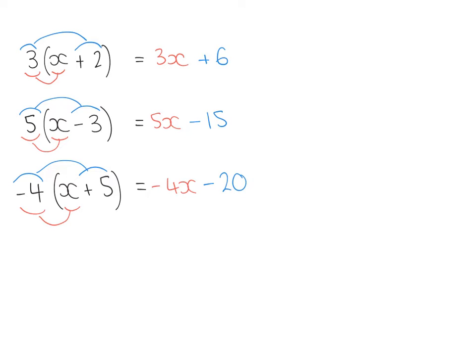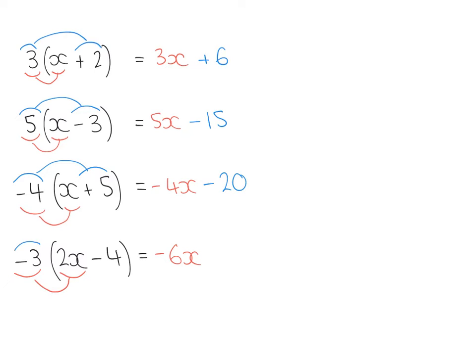Okay, let's go minus 3 times 2x minus 4. Right, we've made things a little bit more difficult here. So, minus 3 lots of 2x, so it's a minus and a positive, so it's going to give us a negative answer. 3 lots of 2x, 3 times 2 times x is 6x.